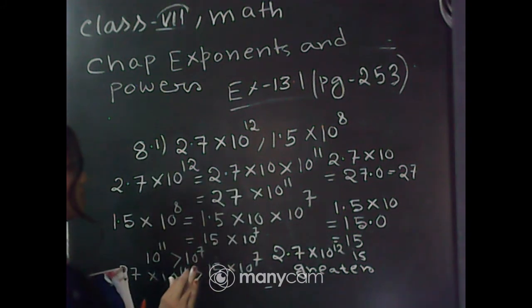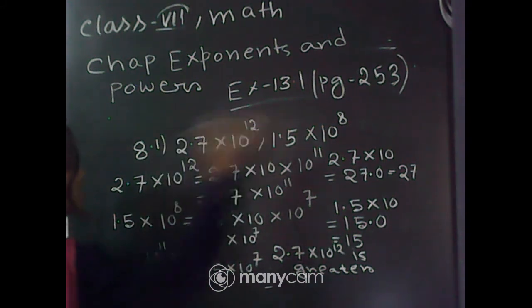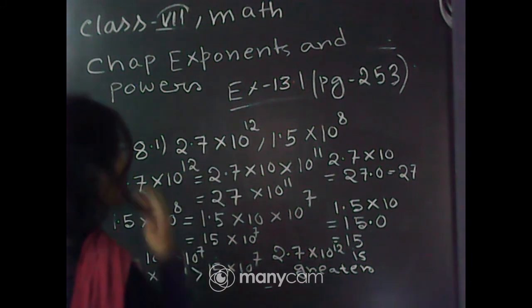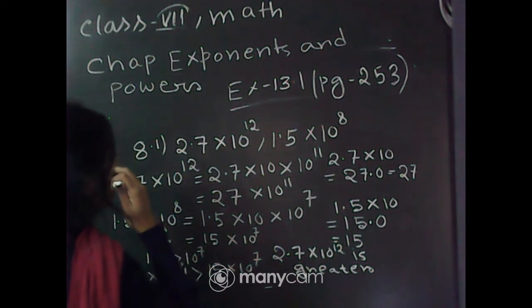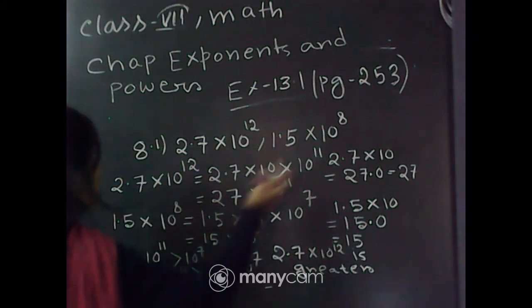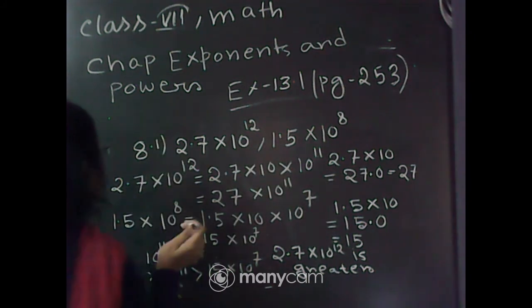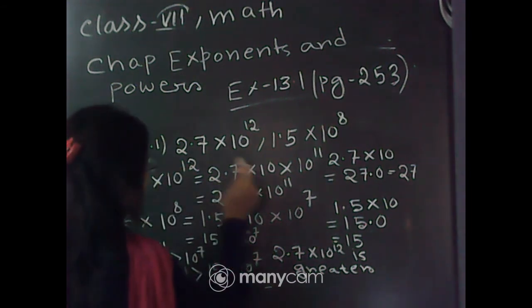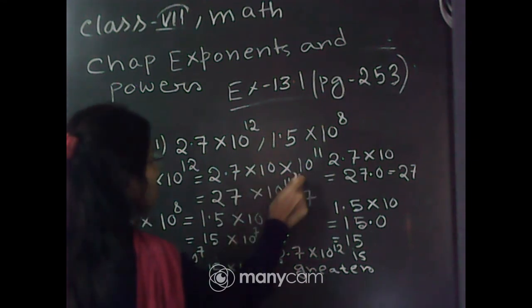Again I repeat the math. We have to compare these numbers, and here the given numbers are 2.7 into 10 to the power 12 and 1.5 into 10 to the power 8. Okay. Now 2.7 into 10 to the power 12 is equal to 2.7 into 10 to the power 11.